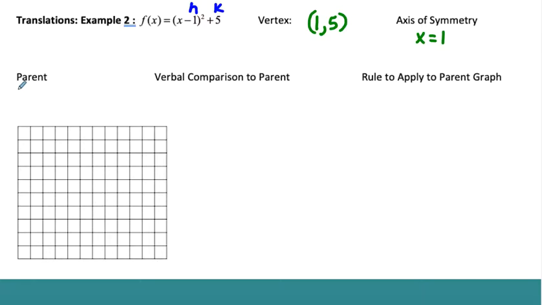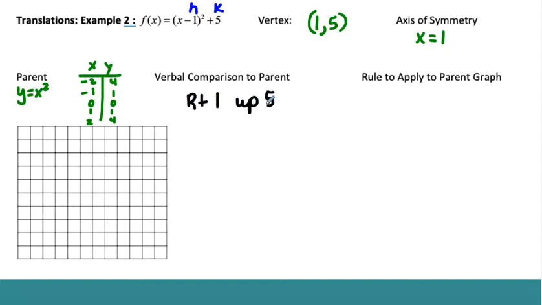Again, I'm going to plot my parent graph points just so I have them: -2, -1, 0, 1, and 2, and 4, 1, 0, 1, and 4. A verbal comparison to the parent would be that this is shifting to the right 1 and up 5. All right, so we have to determine what our rule that we're going to apply to the parent is.